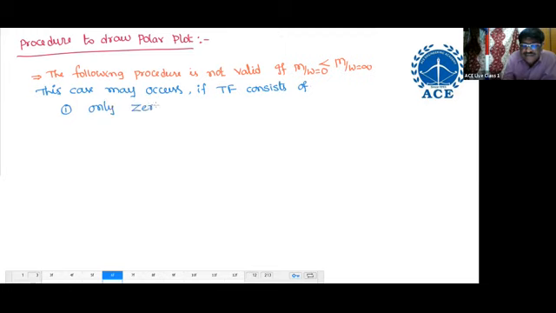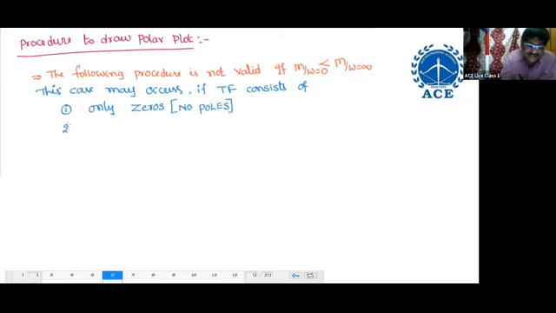If the transfer function consists of only zeros, no poles at all, then compulsorily draw the plot by the standard procedure. Don't use the shortcut procedure. Only zeros are there, so the plot should be constructed by the standard procedure, just like a high pass filter.